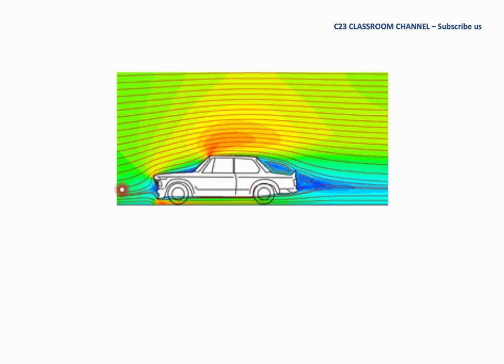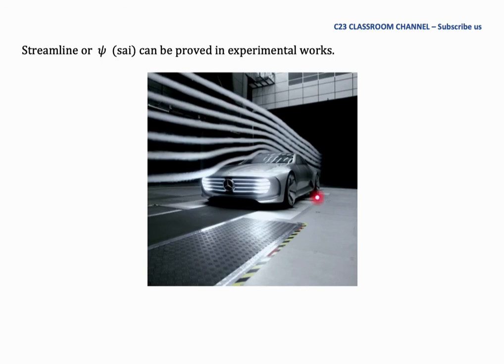We calculate the stream function, the streamline, and we could create a streamline like this, so we could evaluate the aerodynamics of the car, we could calculate the drag coefficient, the lift force, and so on and so forth later on. So this is the simulation picture of the usage of streamline, and this is the experimental work that uses a smoke generator here, smoke here, to show the stream function.